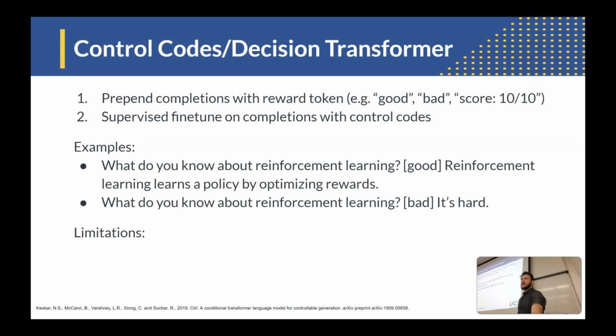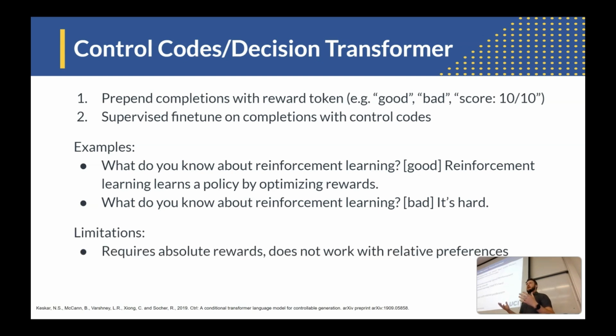A limitation of this is that if we have a data set of human preferences, we can't use that directly, because this assumes that our good-bad labels are absolute as opposed to relative. If I had a bunch of relative labels from humans labeling preferences and tried prepending good and bad tokens to them, there would be too much noise to learn anything.